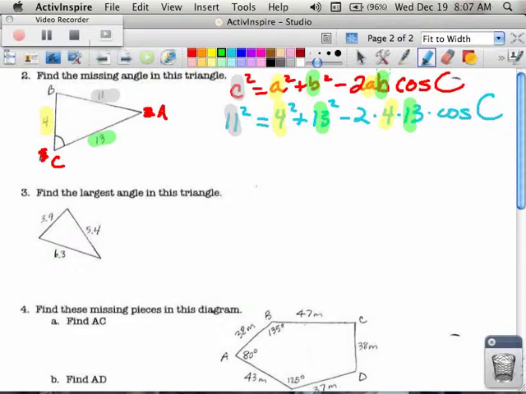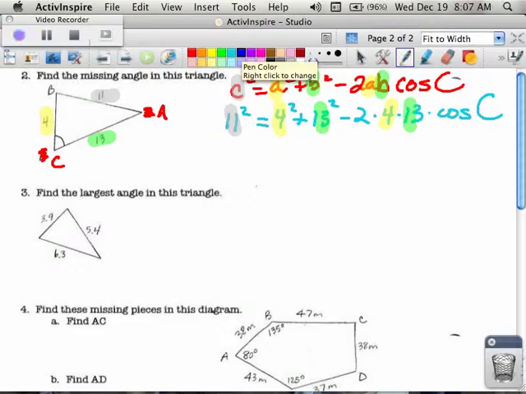Now, there was an equation that I wrote down secondly that talked about what happens when you're looking for that angle C, but I don't remember that equation very well. So all I do is I rearrange this equation. First of all, you notice that the 4 squared and the 13 squared are on the right-hand side of the equation with the unknown thing that I'm looking for.